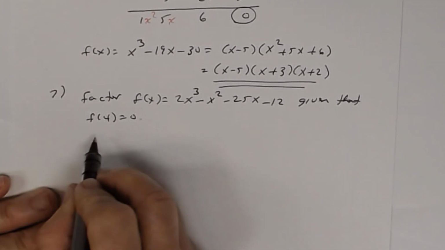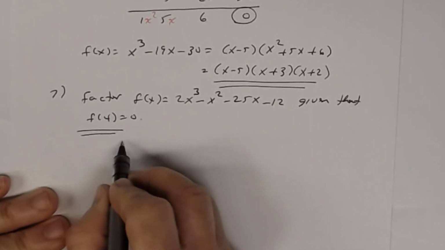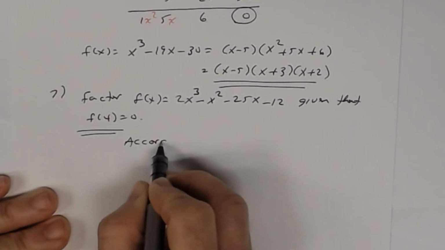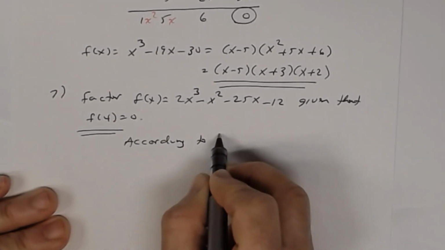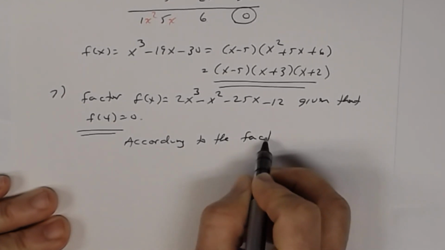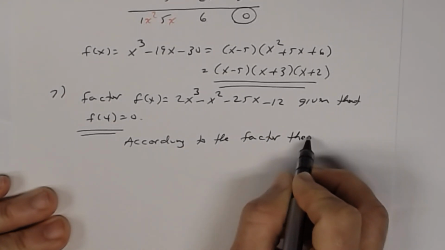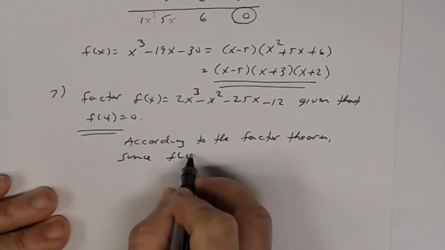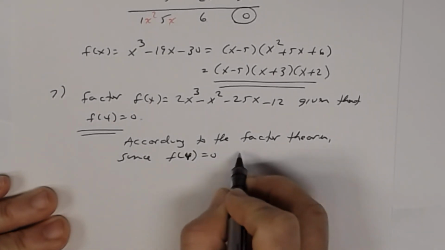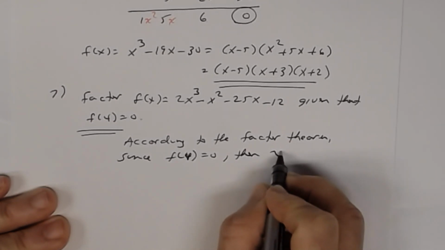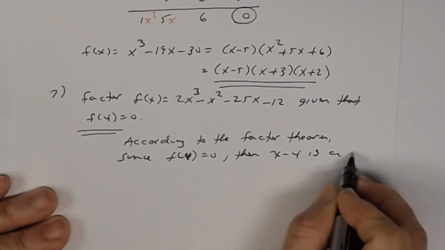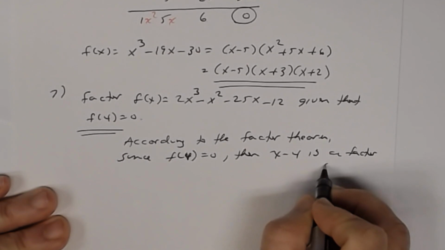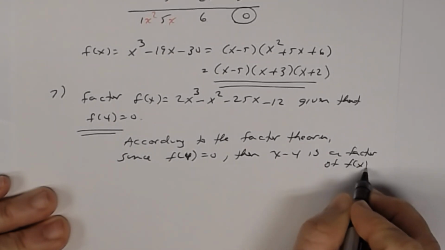So according to the factor theorem, since f of 4 is equal to 0, then x minus 4 is a factor of f of x. Okay?